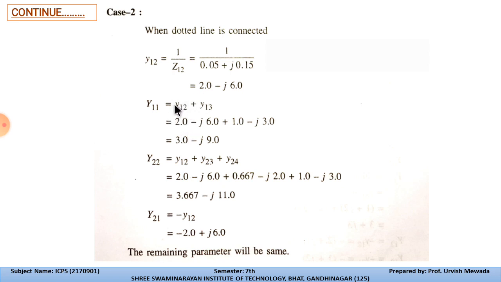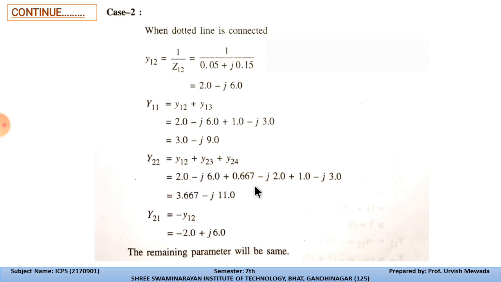So the value of y12 is 2.0 minus j6.0 plus y13 that we already found from the previous case, 1.0 minus j3.0. So y11 will become 3.0 minus j9.0.